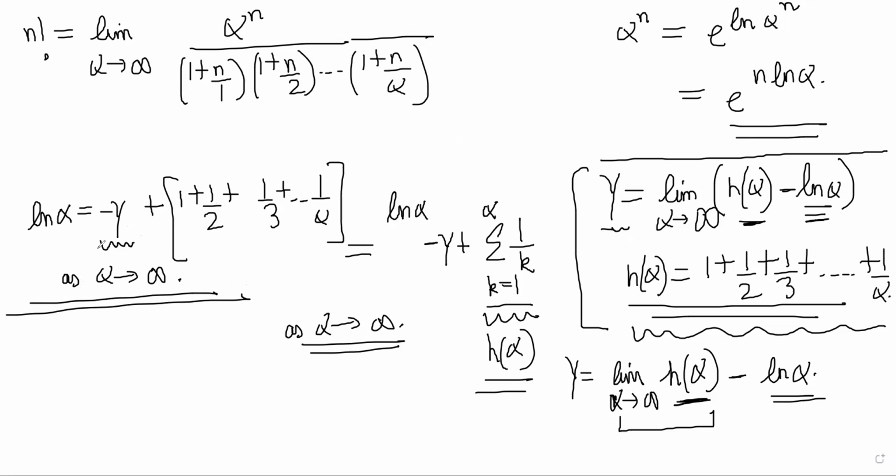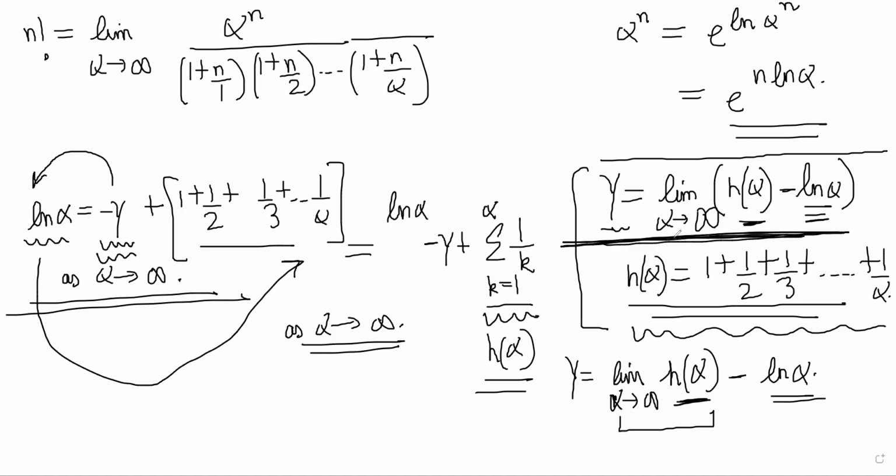It is the difference between the infinite harmonic series and the ln x function, right? So we are just saying ln alpha is minus of gamma plus this, right? You can transpose it to this side, and that becomes the definition of the gamma constant, right? So we have not done anything weird here. We are just trying to write ln alpha in this way, because we will be using it here, okay?